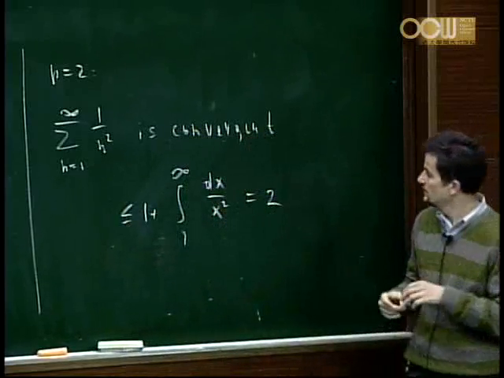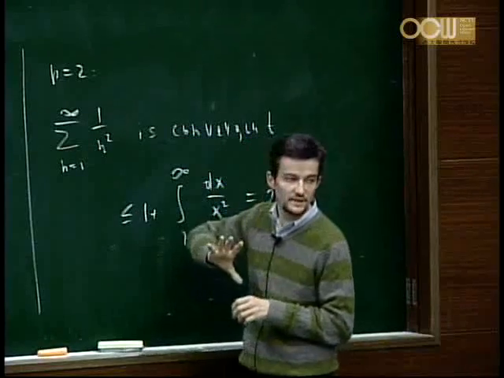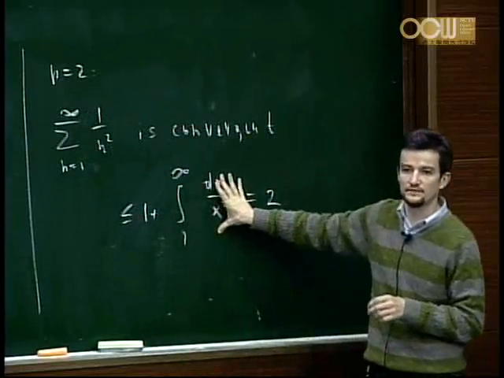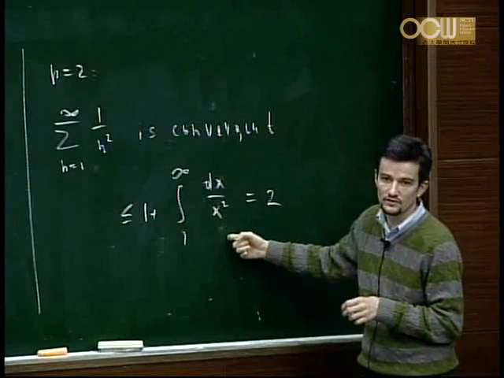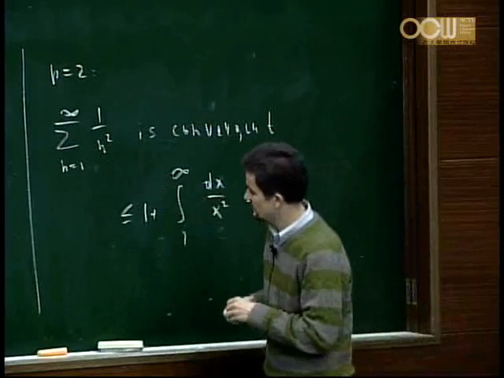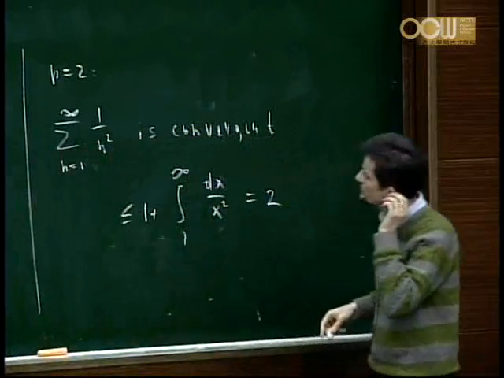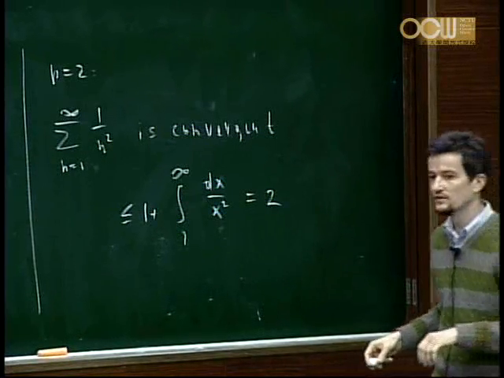But you should notice that the convergence behavior of this series is the same as the convergence behavior of this integral, but the value is not necessarily the same, because the value here is 1. The value of this series, as I told you, is what was complicated to compute. Actually, this was a problem which was long open, and then finally solved by Euler when he was 17 years old.